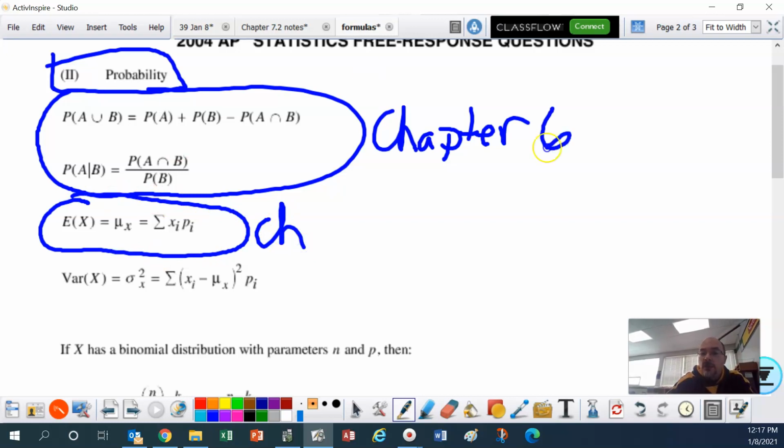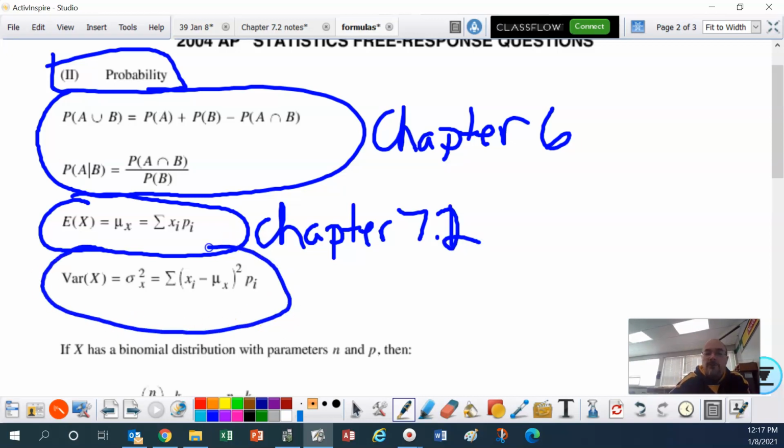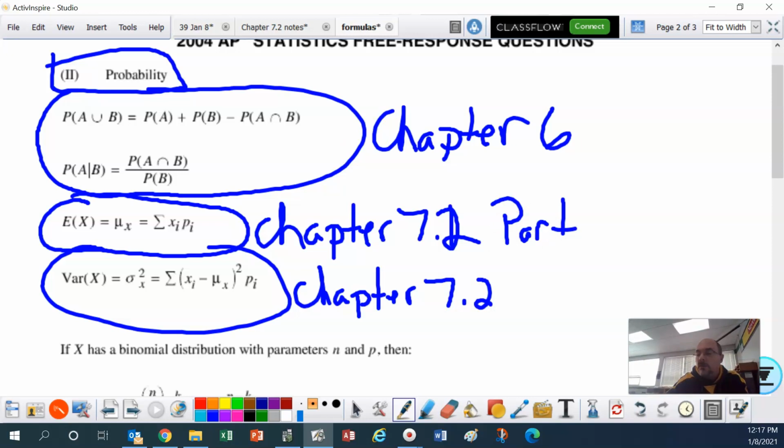That is chapter 7.2, which we're looking at right now. This is also from chapter 7.2, but that's going to be in part 2. I'm going to use the expected value formula in this part 1 video, and then I'll show you the variance and stuff in part 2, at least I think it's in part 2. All right, let's keep going.